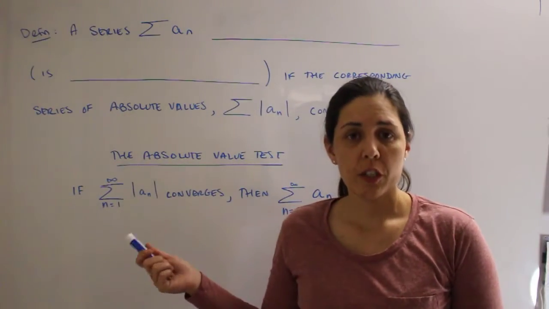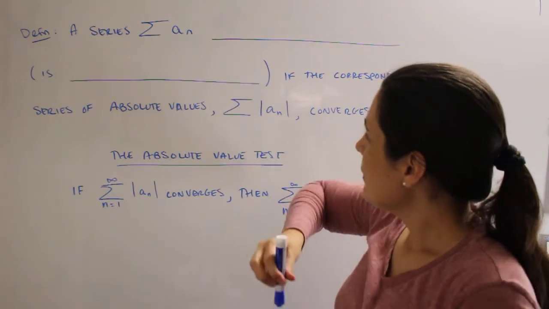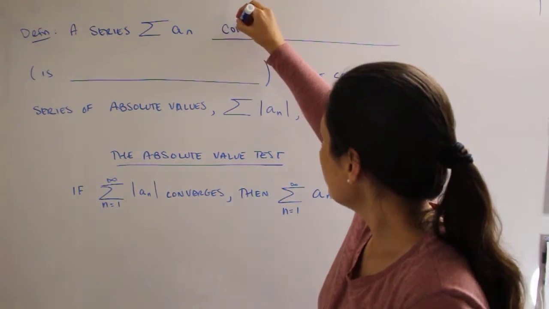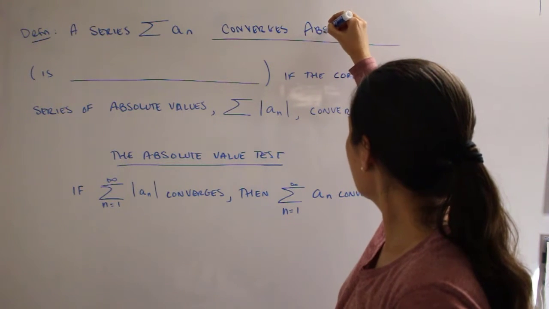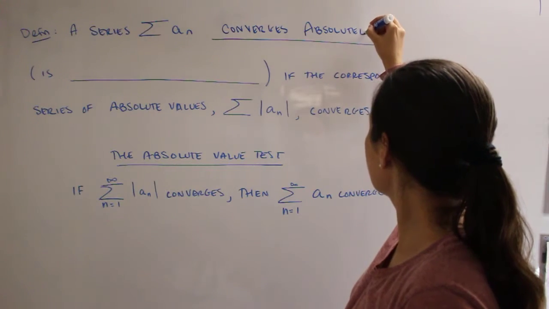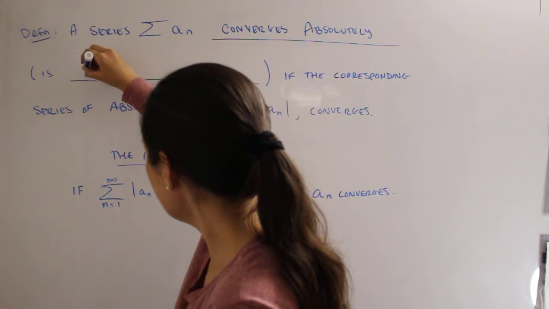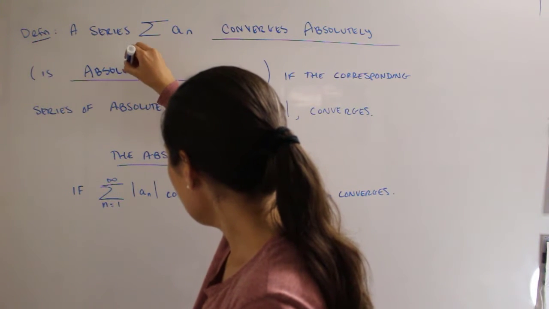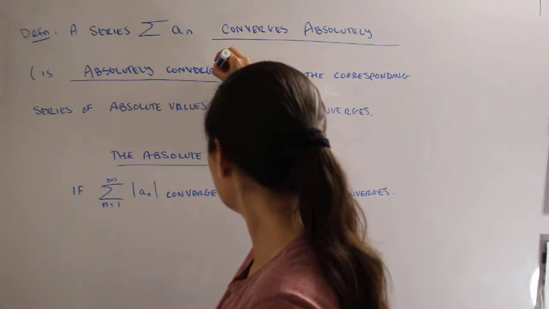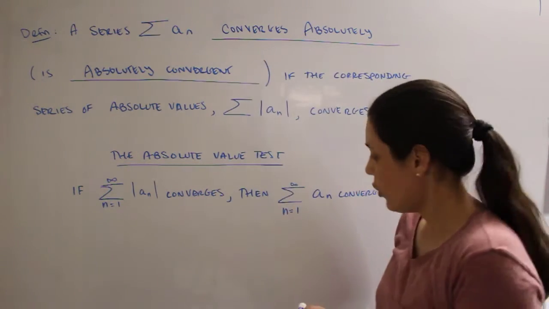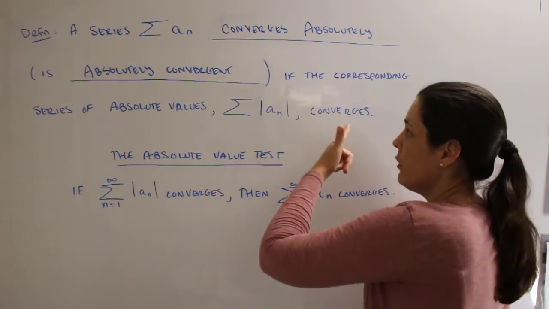So here's a definition and then our first test. A series, summation of a sub n, converges absolutely, or you can say it is absolutely convergent, if the corresponding series of absolute values converges.